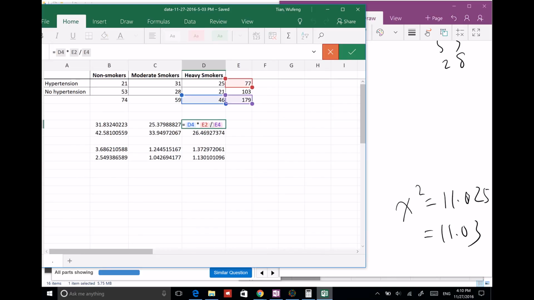Something. This one E4. This one E4. D3 minus D8 over square D4. Okay, so somewhere E4 holding or E4.